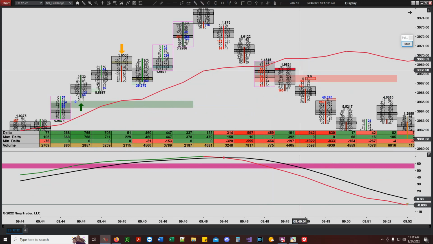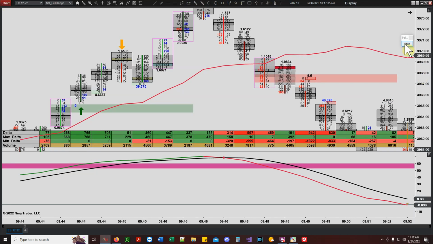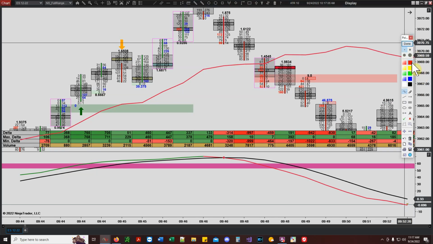You got an imbalance box, and then you have what he calls a slingshot. This deep red bar right here is what he calls a slingshot to the downside. Now, I probably would have taken a chance on this, because you got an imbalance box right here, slingshot to the downside, and bearish undertone.